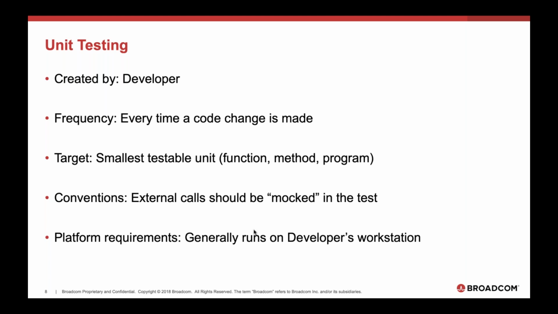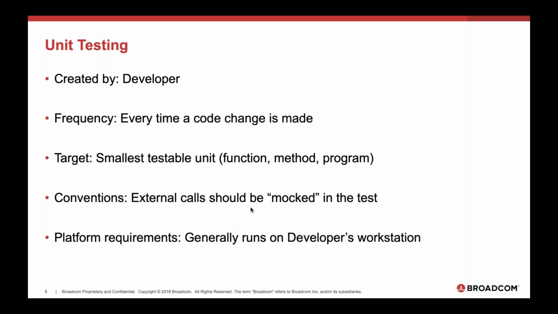And the target, of course, is the smallest testable unit. Depending on the language, this might be different. If you're working with C, it might be a function. If you're in Java, it might be a method. It could just be a program in COBOL, or maybe just a paragraph. Another convention with unit testing is that a lot of external calls are mocked in unit tests.